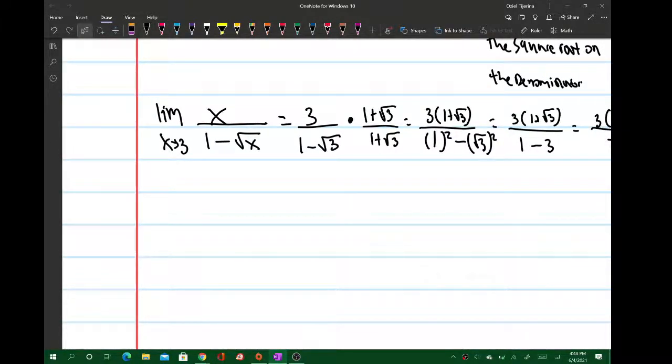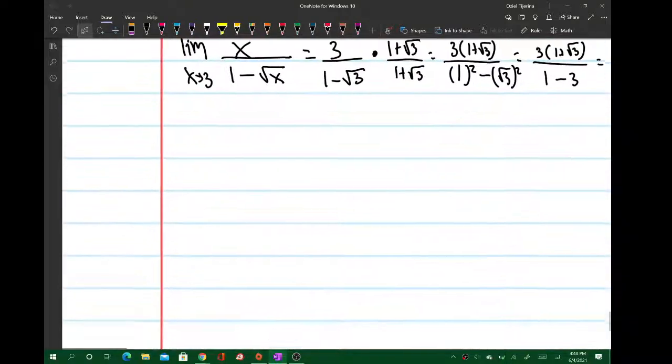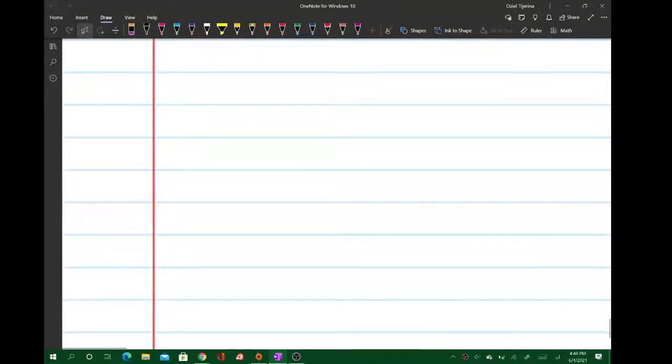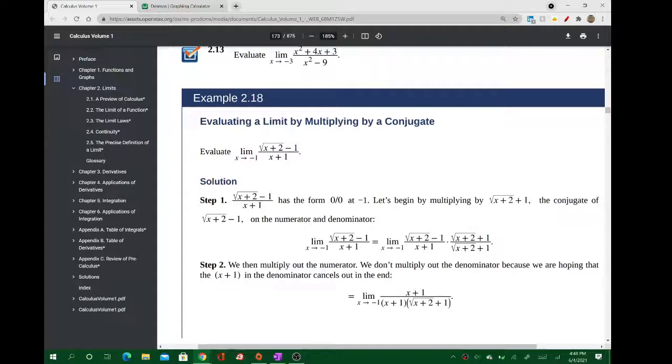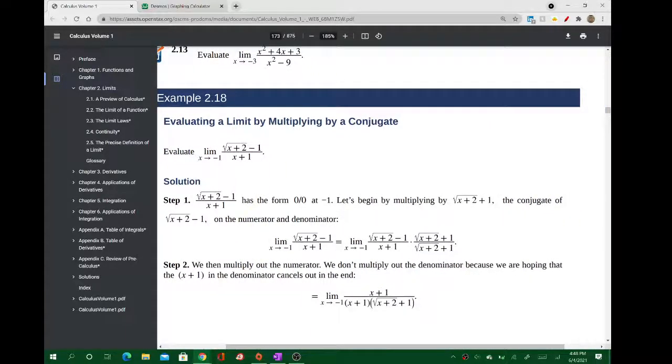Now, some of them are not that simple, though. We're going to do one right now with square root limits. So let me actually, hold on. Maybe in the book. So like right here, okay?